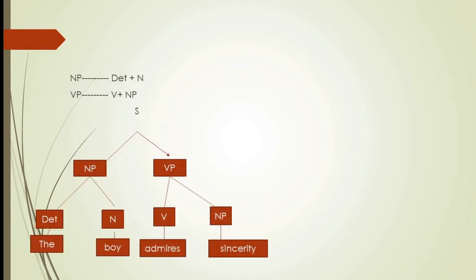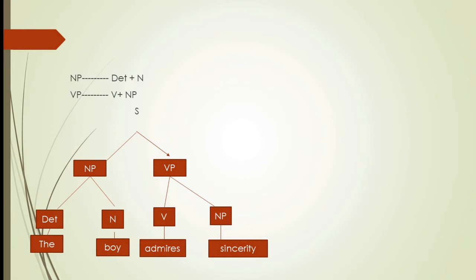So we have seen that a sentence is divided into noun phrase plus verb phrase. Now, what is the next rewrite rule? Noun phrase divided into determiner plus noun. What about the verb phrase? It is divided into verb plus noun phrase. The same thing we are showing by means of a tree diagram. Sentence divided into noun phrase and a verb phrase.